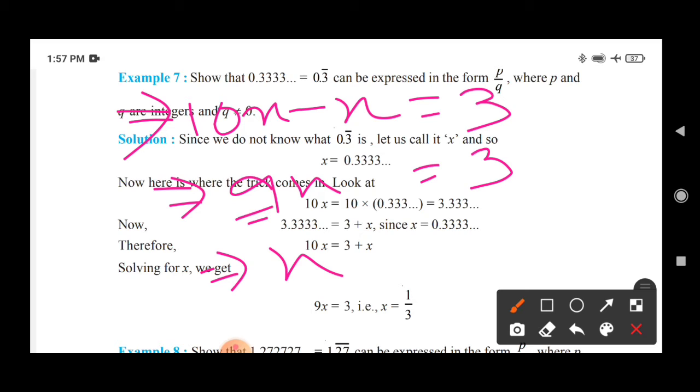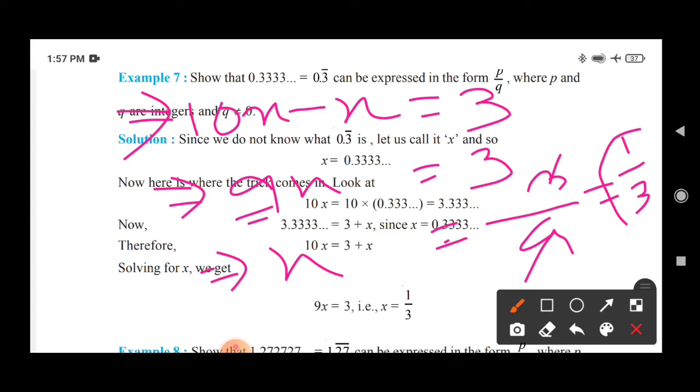This 9 moves to the right hand side and it will be 3 divided by 9. If you divide this fraction by 3, then you will get 1 by 3. So this is 1 by 3, which you have expressed in the p by q form. That is the solution of this example 7.